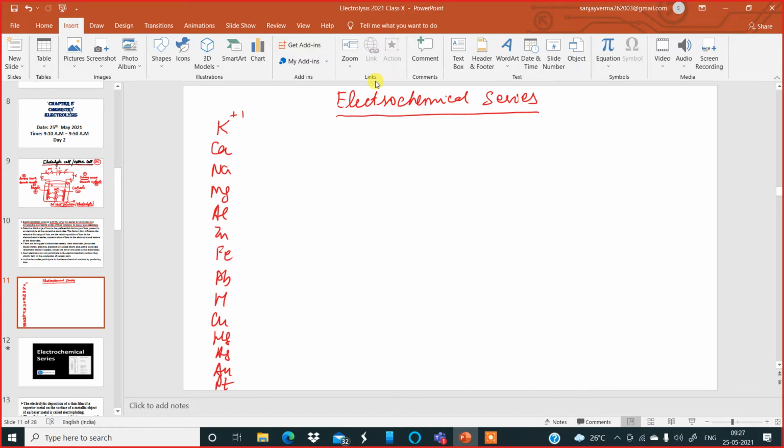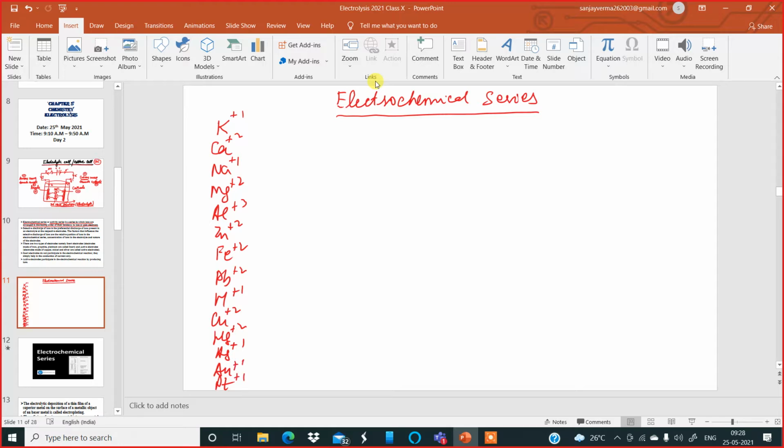Now these are all ions, so I have to put their charges, valencies: plus 1, plus 2, plus 3 for aluminum, Fe plus 2, Pb plus 2, hydrogen plus 1, Cu plus 2, Hg plus 2, Ag plus 1, Au you can put plus 1, no problem, Pt plus 1.